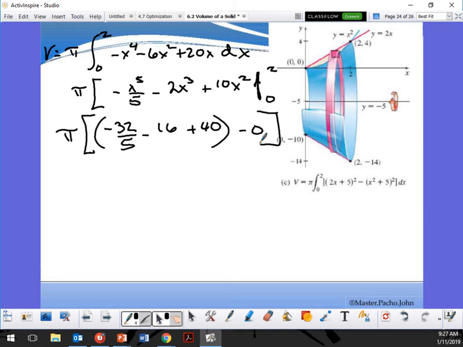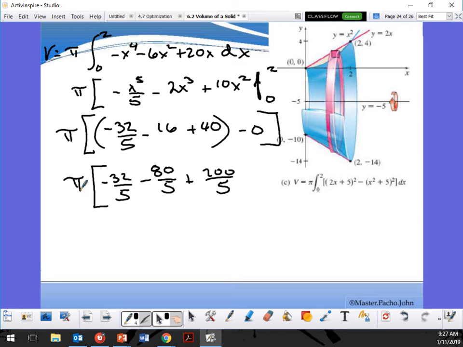So that means over 5: 16 times 5 is 80 over 5, plus 200 over 5, minus 32 over 5.